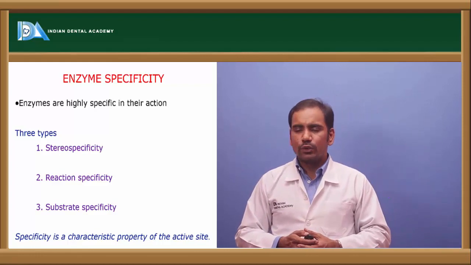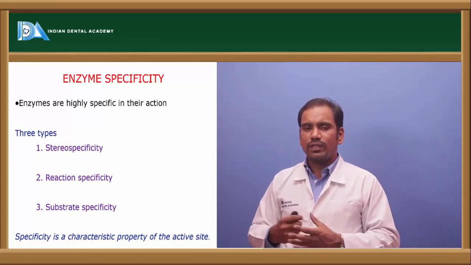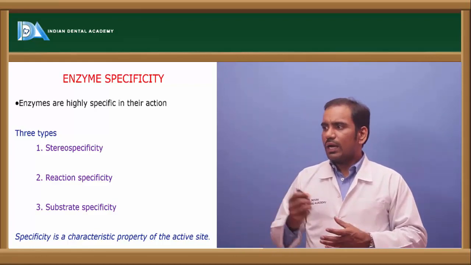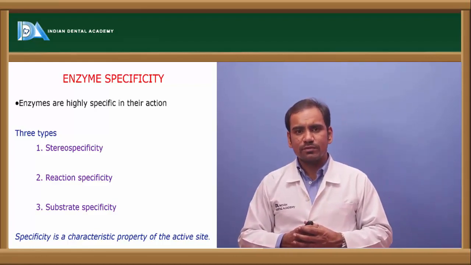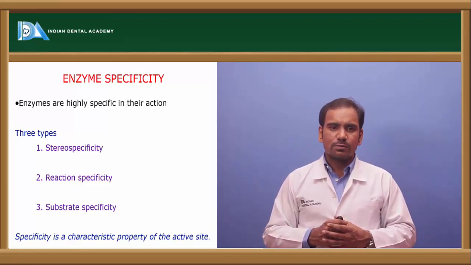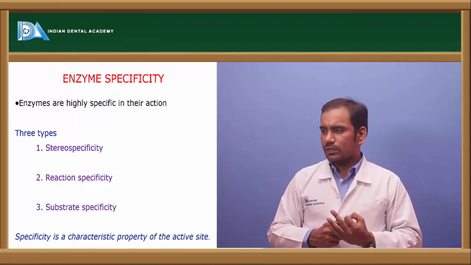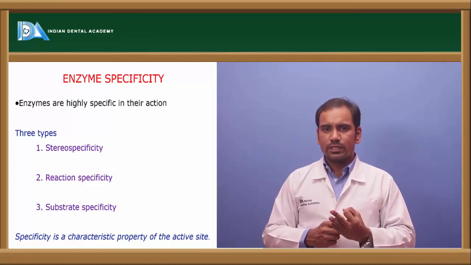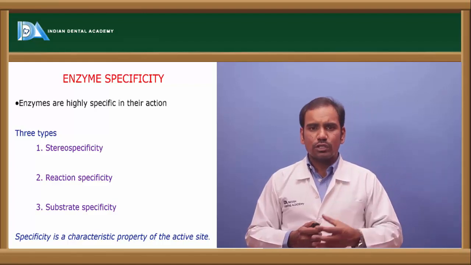Right. Now coming to enzyme specificity. Enzyme specificity is because of the active site of the enzyme, and there are three types of specificity: stereospecificity, reaction specificity and substrate specificity. What is stereospecificity?